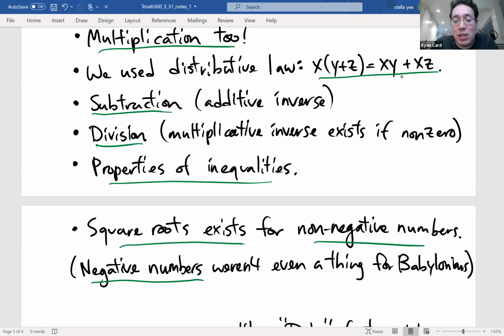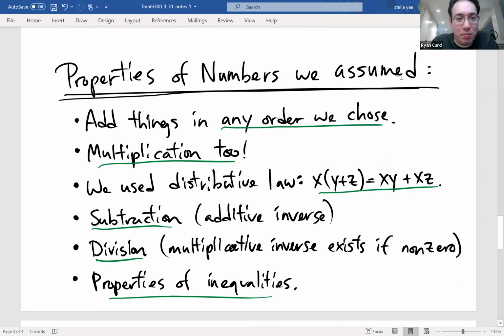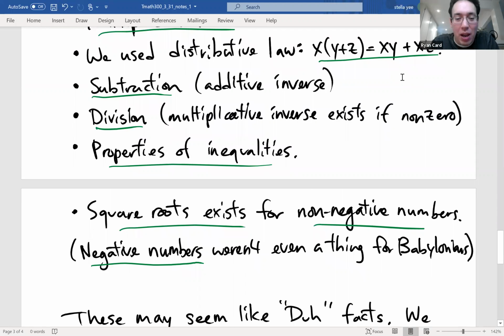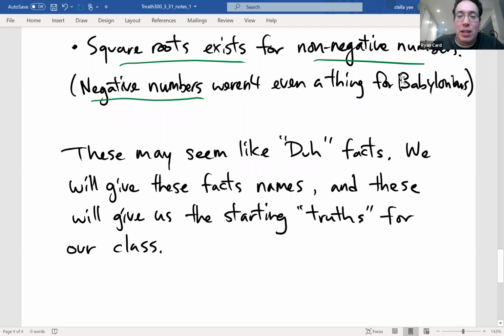This wasn't even a thing for Babylonians. So there's a thing that's assumed there that negative numbers actually make sense. Okay, so these are very intuitive things that we took for granted up until now.